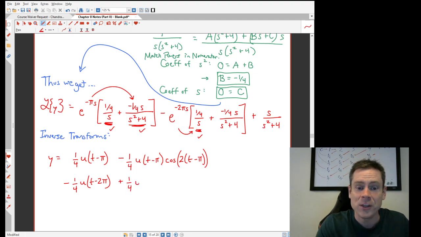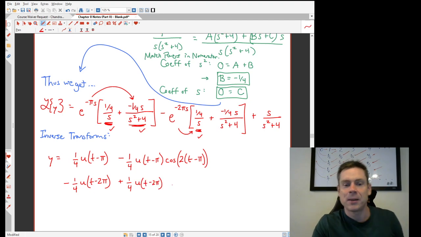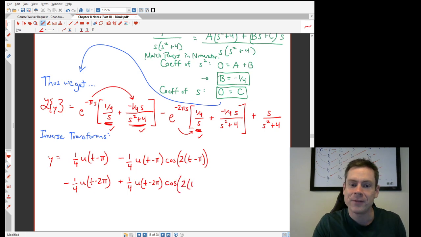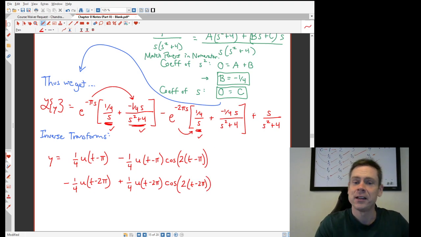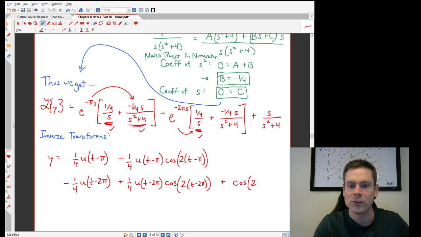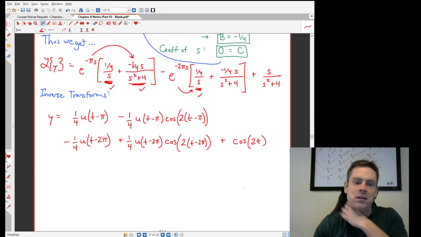I have a u of t minus 2 pi now, looking at that exponential. And this time I'm going to have cos of still 2t, but now I have to shift it to be t minus 2 pi to match. Finally, I have to take the inverse Laplace transform of that last function, which is nothing more than a cos of 2t from the looks of it.